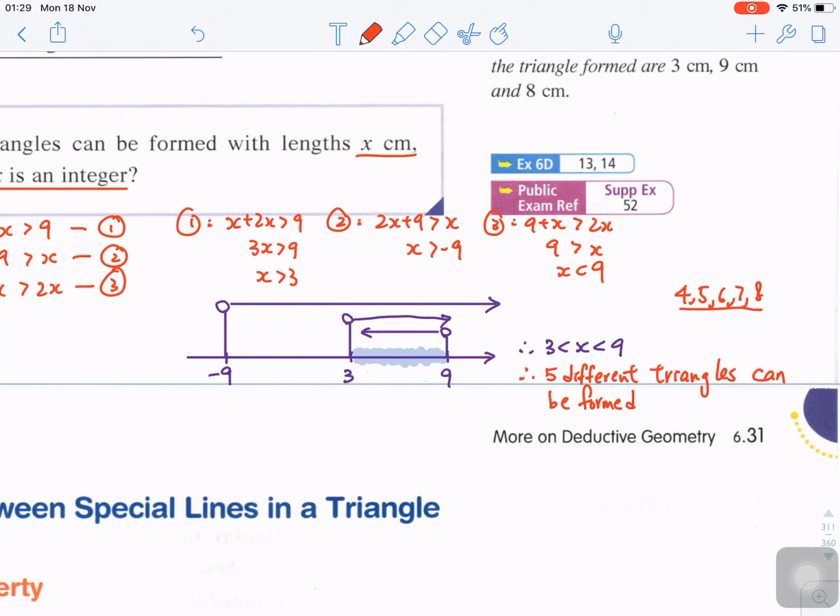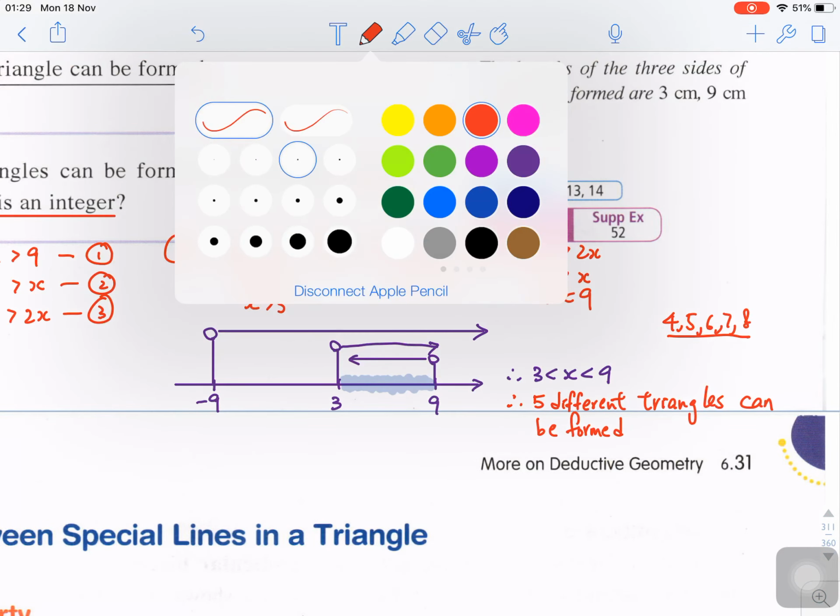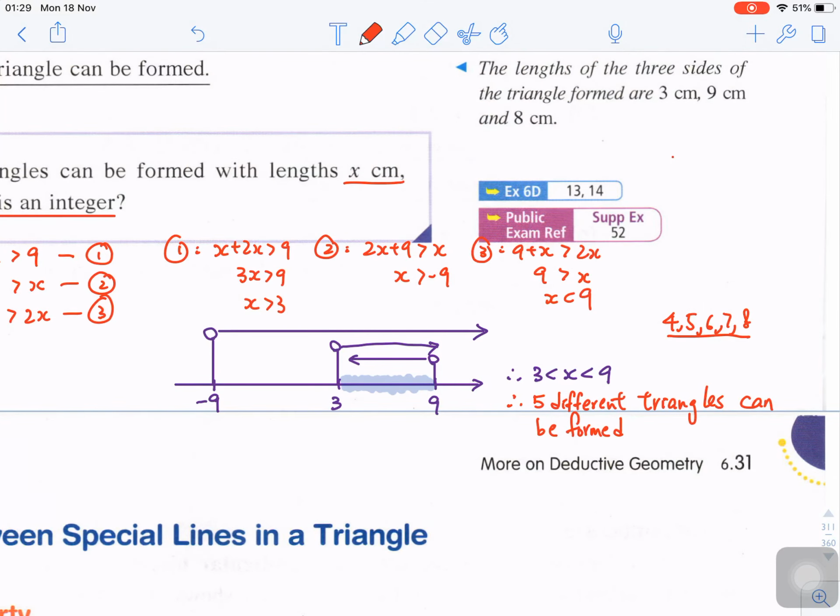Let's double check carefully. For x is 4, I have 4, 8, and 9. 5, 10, and 9. 6, 12, and 9. 7, 14, and 9. 8, 16, and 9. These 5 triangles are really different, so our conclusion is correct.